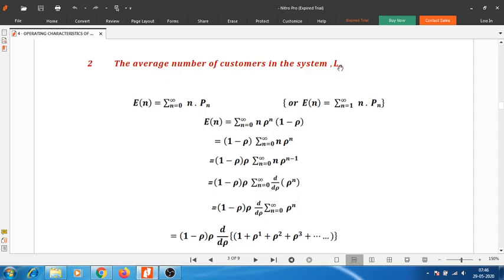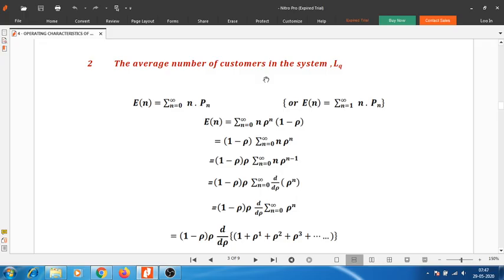You remember this, LS, not LQ, because I am talking about the system. Students, please note this point. This is not LQ, this is LS. Somewhere a typical mistake occurred, you just check it. This is the LS notation.